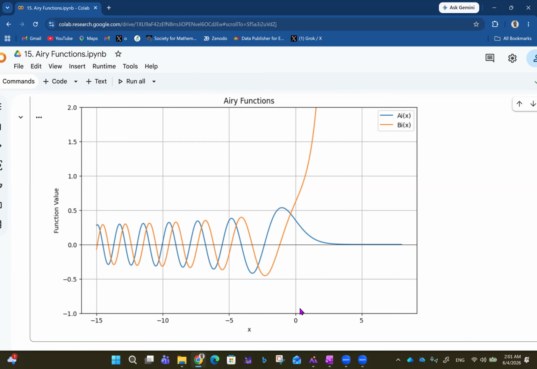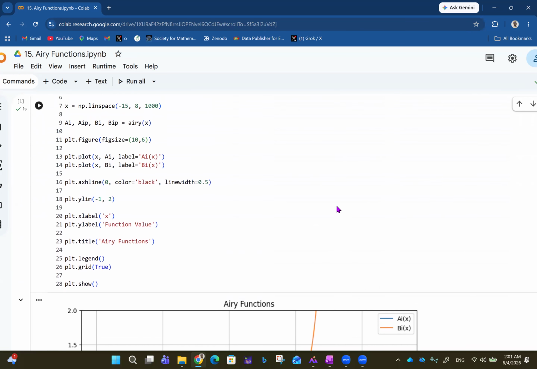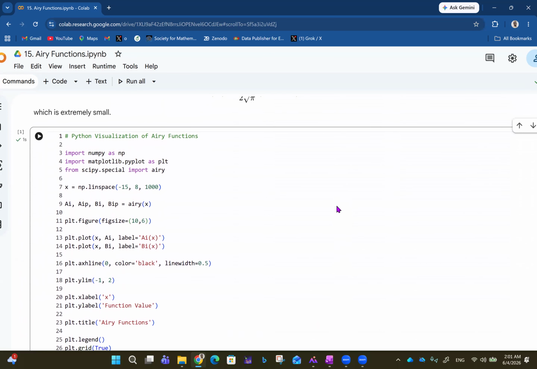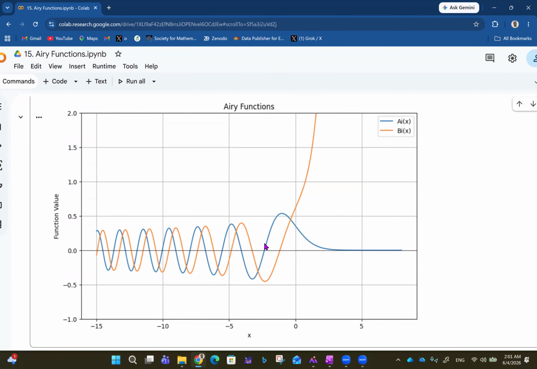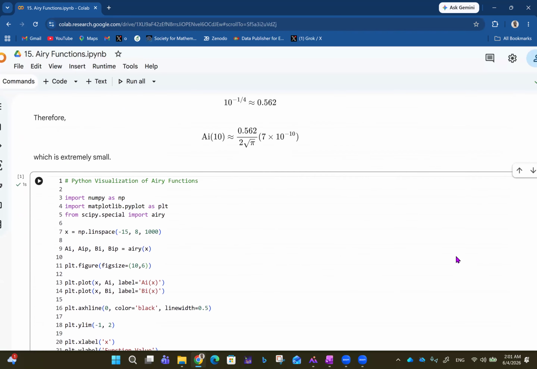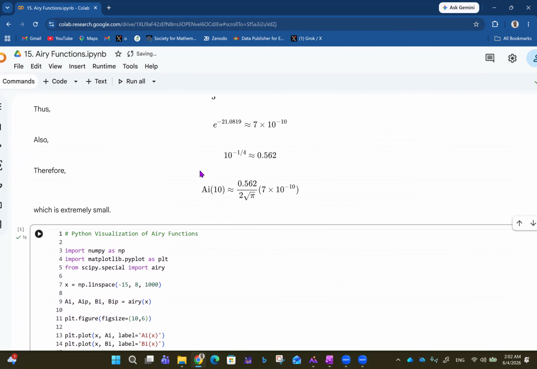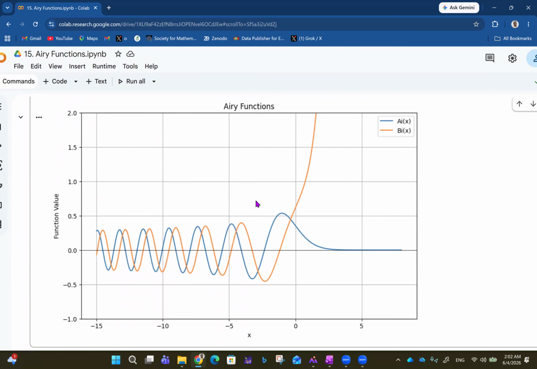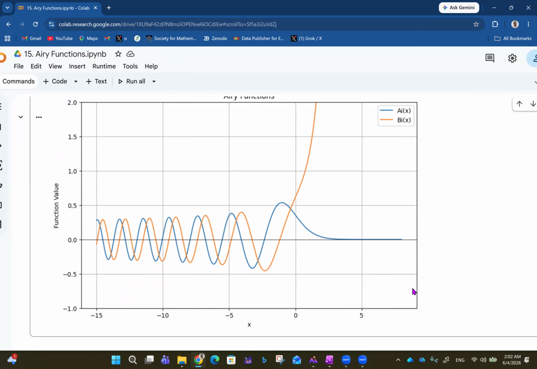But once it crosses 1, you see Bi(x) growing exponentially while Ai(x) is decaying very fast and settles at 0, according to the behavior that we have explained already. Around 10, what we computed is very small, it's somewhere already at 0.